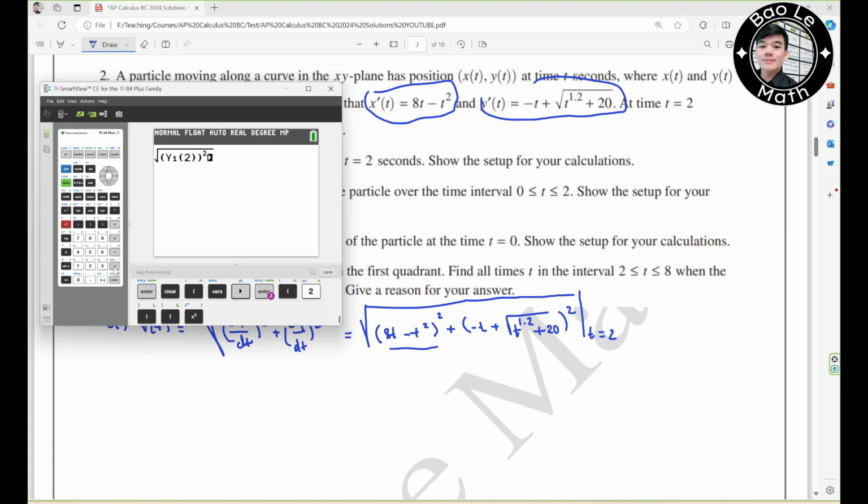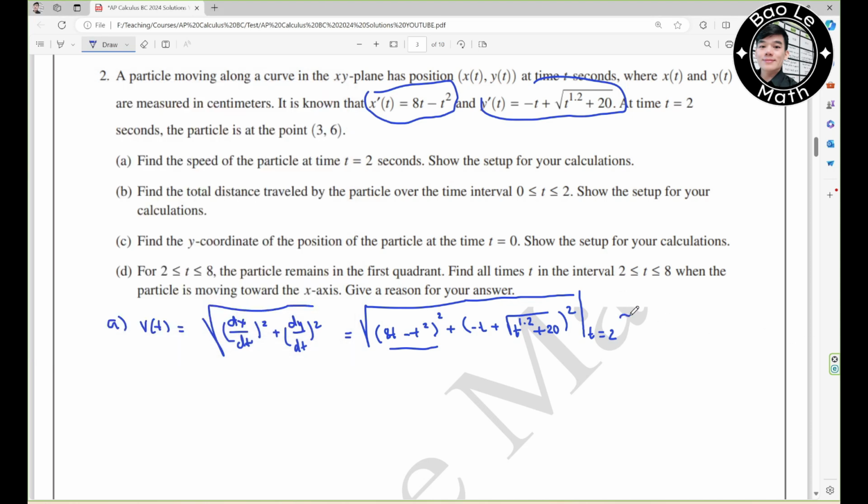We add the same thing: parentheses, VARS, Y-VARS, function, Y2, and parentheses 2, close parenthesis, one more time, and then square. Hit enter and the answer is 12.305. So it is approximately 12.305 centimeters per second.